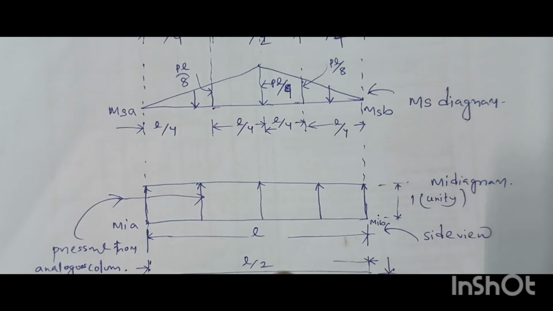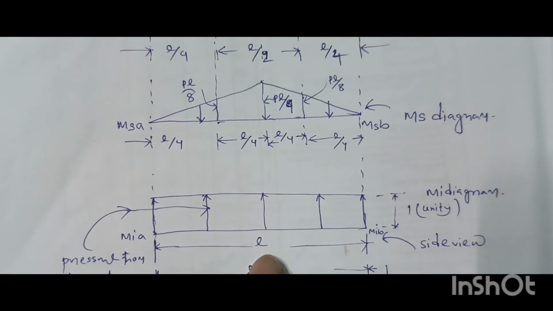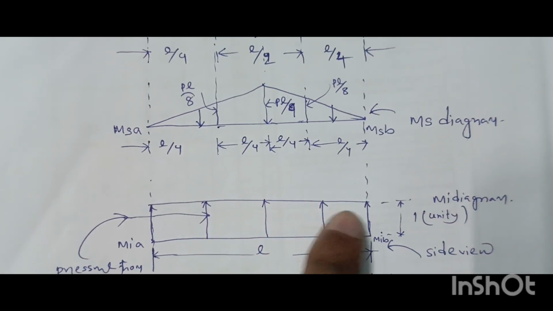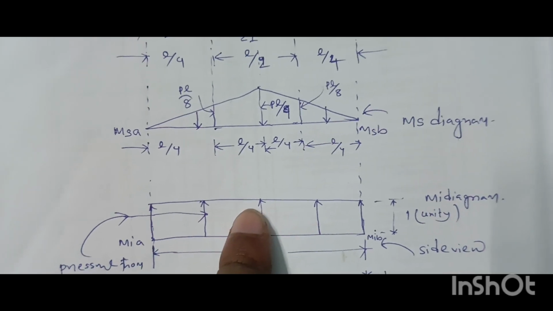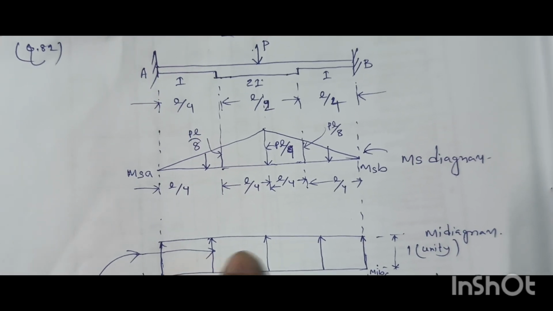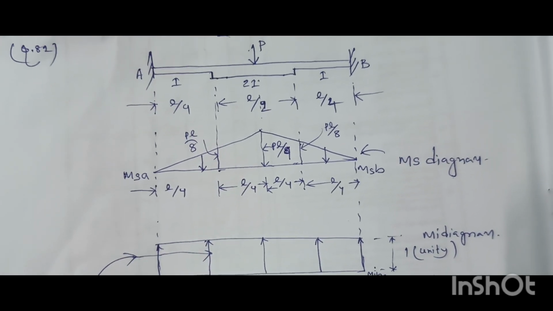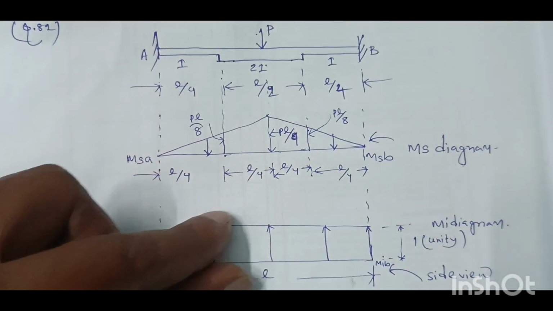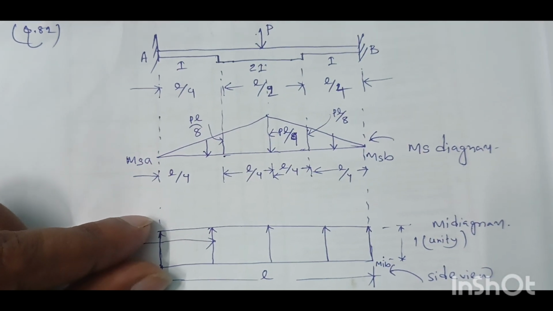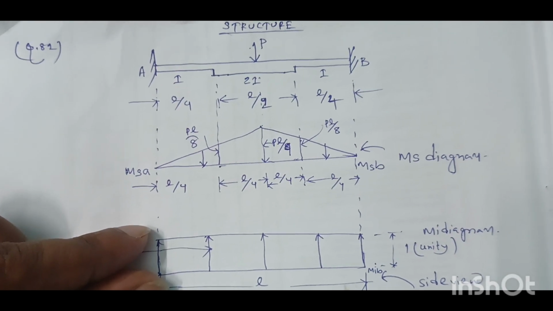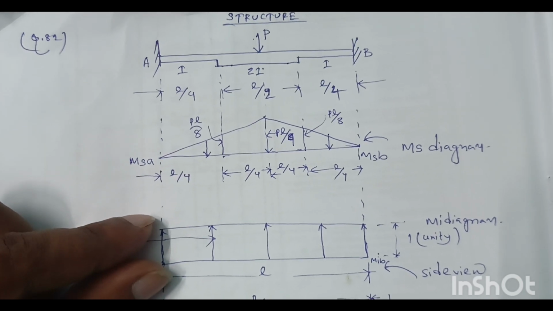In the next step we can see the side view of the analogous column. The length of the beam will be the same, L, and the width will be unity because the width is not fixed here.